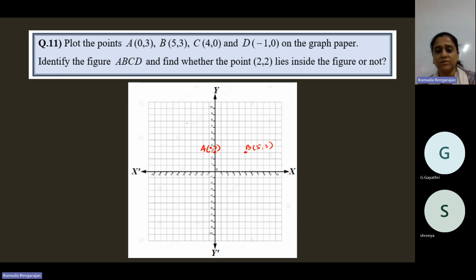Then C 4,0. This is C 4,0. Then this is D minus 1,0. Whatever points you have plotted, you need to write the name of that point and the coordinates. So here A, B, C, D are the names of the points and their coordinates. Join.